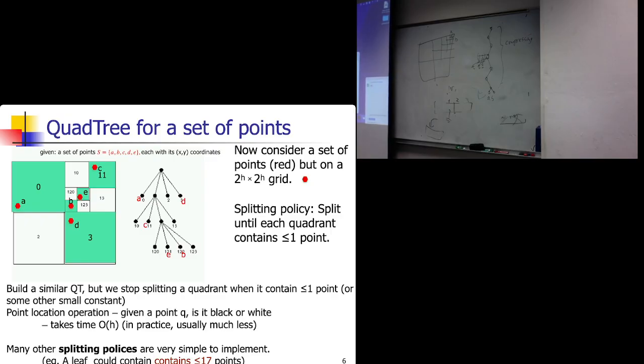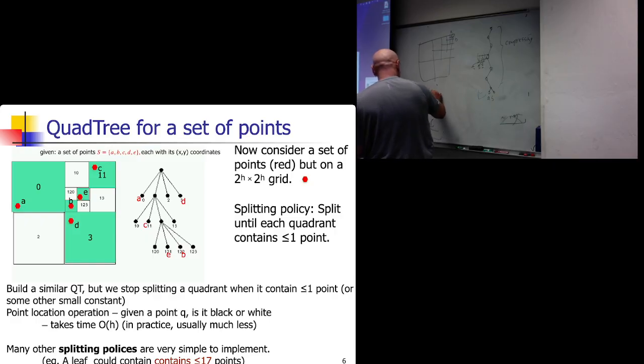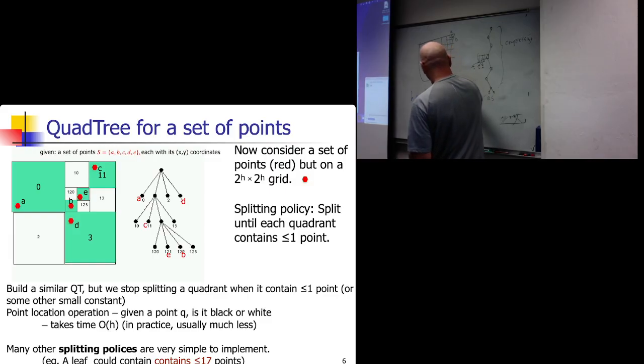Right now, if I don't know anything about whether the coordinates of these points are real, then I don't have any good bounds about how many splits I have to do. But if there are real numbers, then all I know is that I need to keep splitting until now. The height without compression is log of the original size.